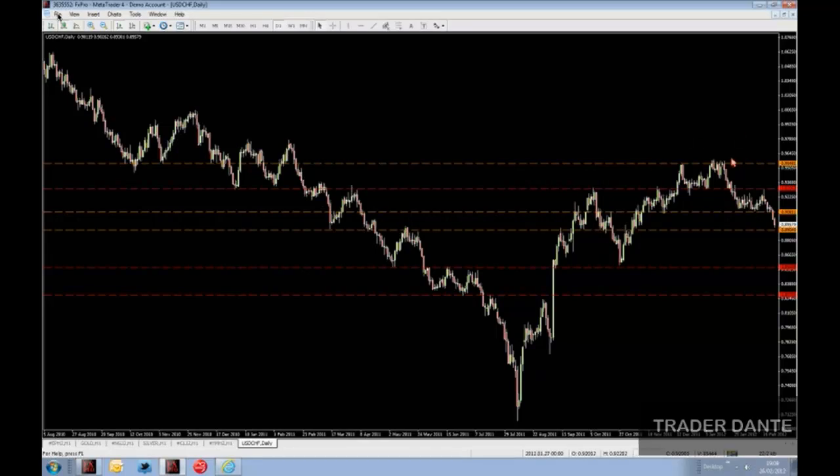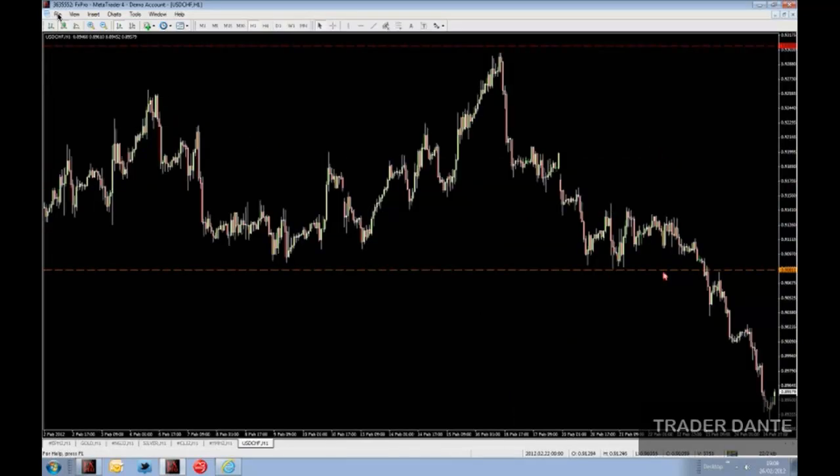It was something, funnily enough, that I've never even noticed myself, because I'm picky with my levels. I won't trade every single level on my charts. But he was just trading all the dailies, with literally a 20 pip stop, 20 pip target. And he'd noticed from being in the room for this amount of time how price was clearly reacting off of them. So there's many ways to trade these things.